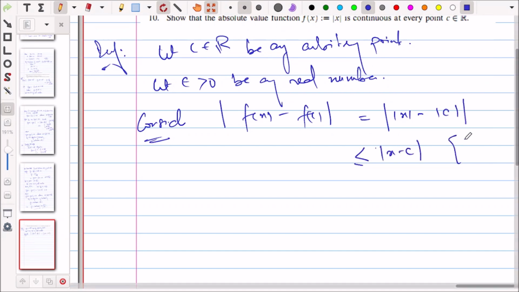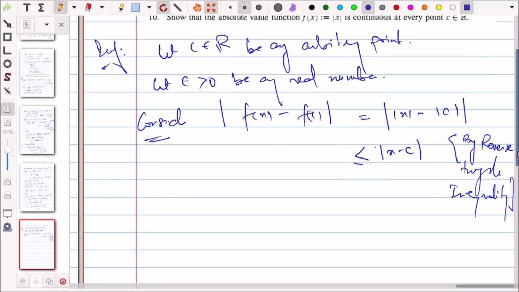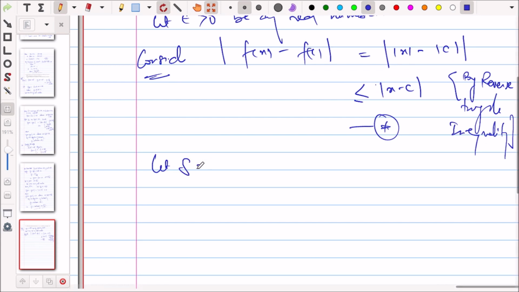This is by the reverse triangle inequality. Now what delta should you choose? Let delta equal epsilon greater than 0.